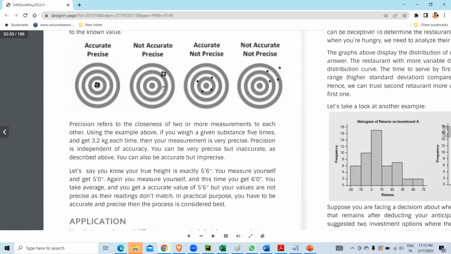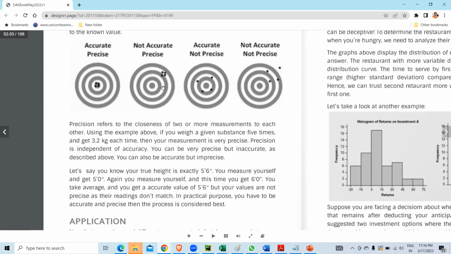There's no deviation, so it is precise, 11 o'clock, but it is not accurate, because I expected 10 and you're doing 11. So it is not accurate, but it is precise.